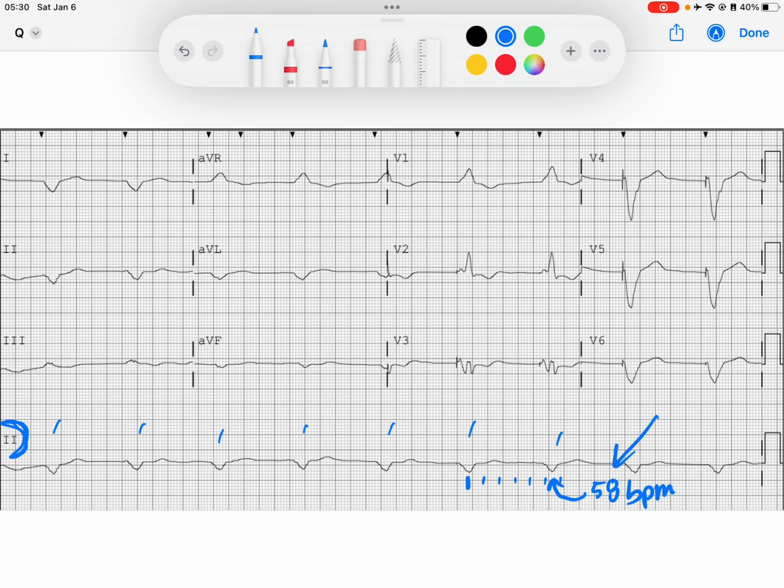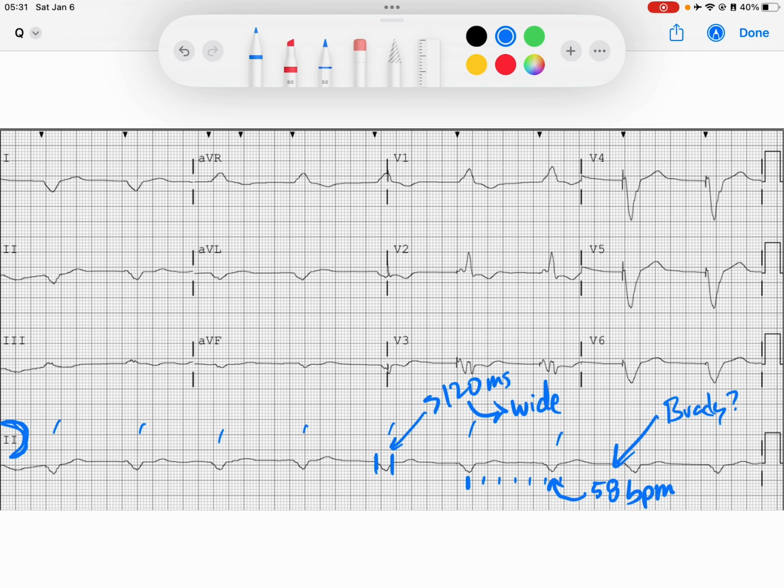You could say this is just slightly brady, but close to a regular rhythm. We said this is a wide complex QRS because it's very slurry, it's not a very sharp looking QRS, and the QRS duration is greater than 120 milliseconds. So we would classify that as wide.